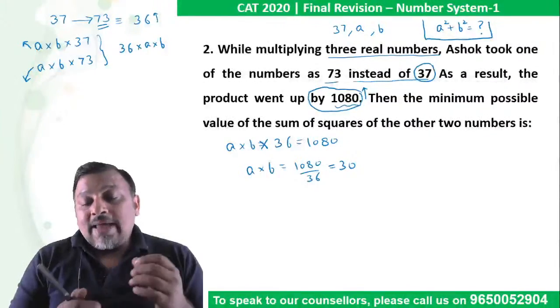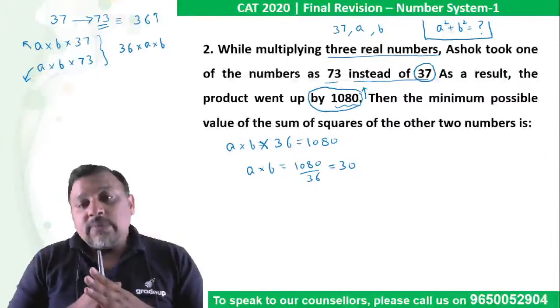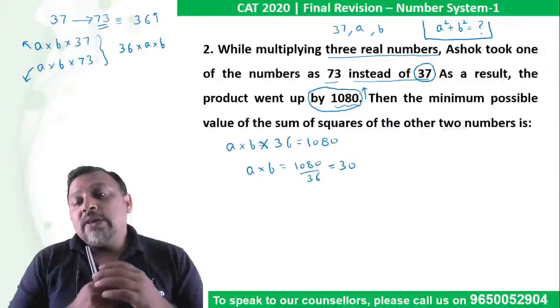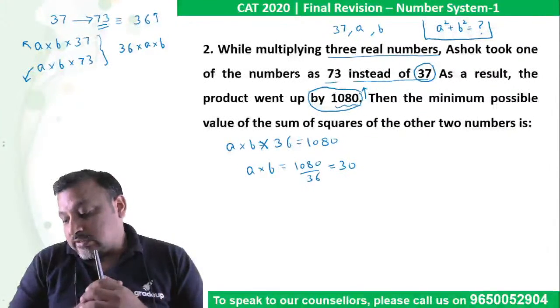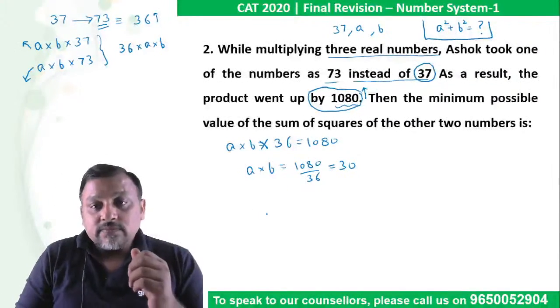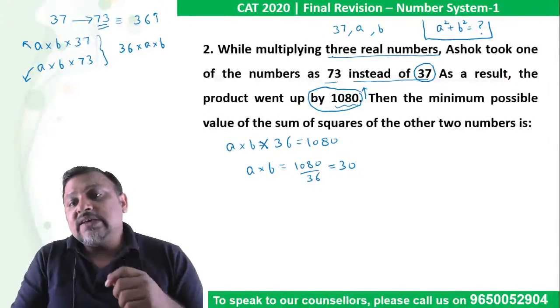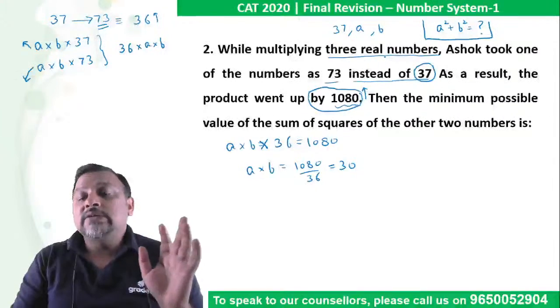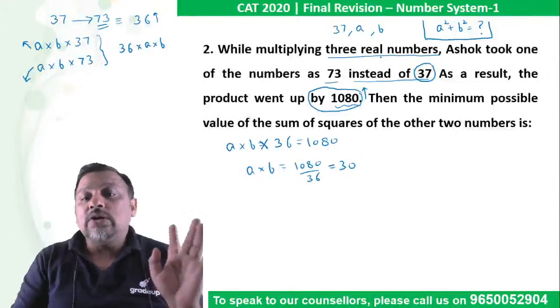So now I know the product of the two numbers A and B, which is 30. So I need to minimize the sum of their squares. Okay, very good, Shivam. The answer is 60. Good. Since it is given the numbers are real numbers, they need not be natural numbers.